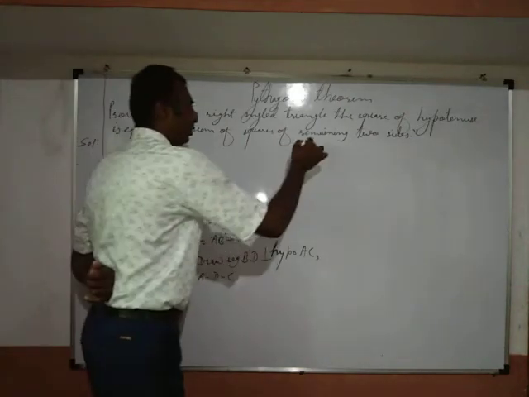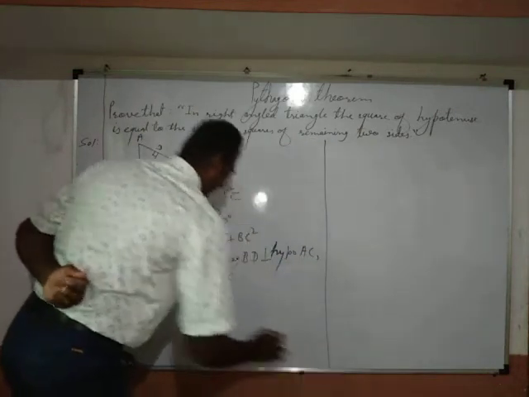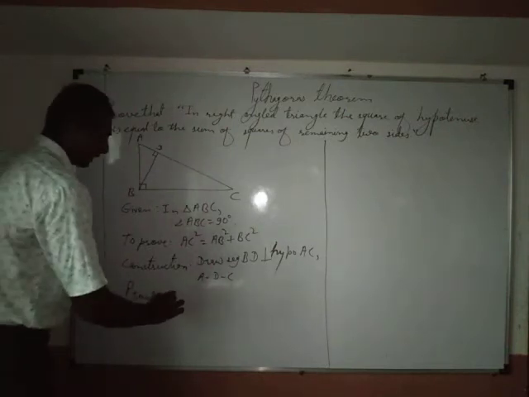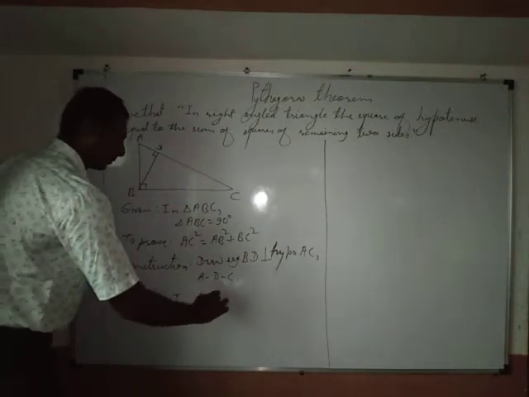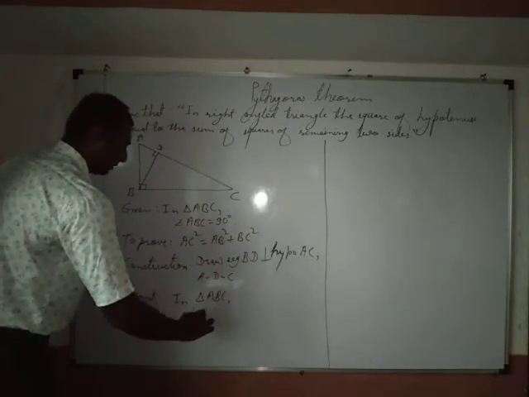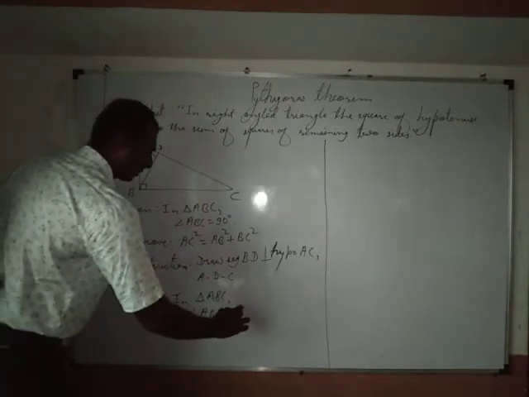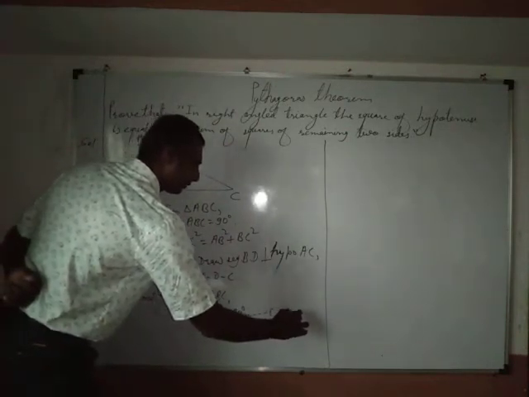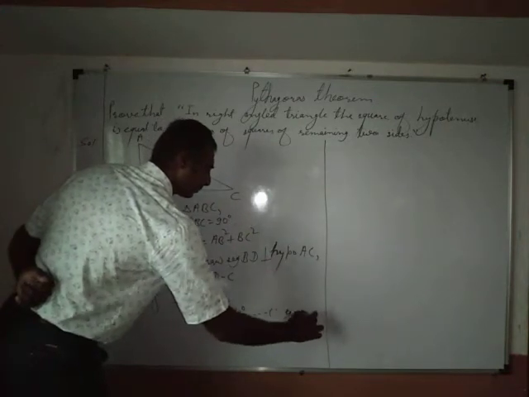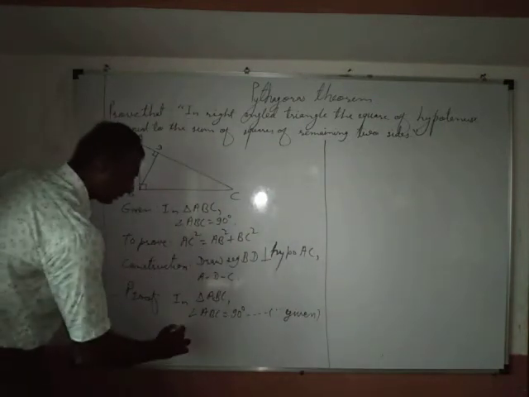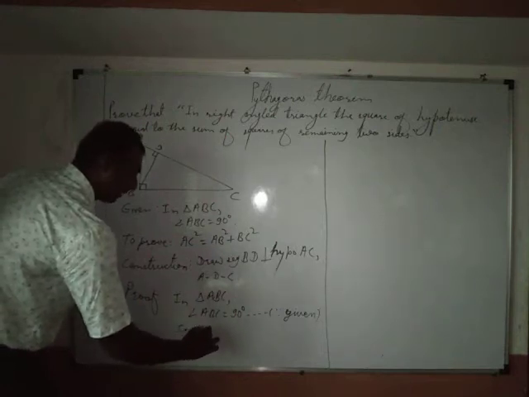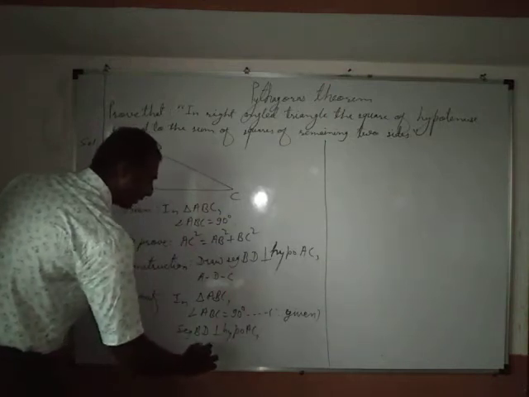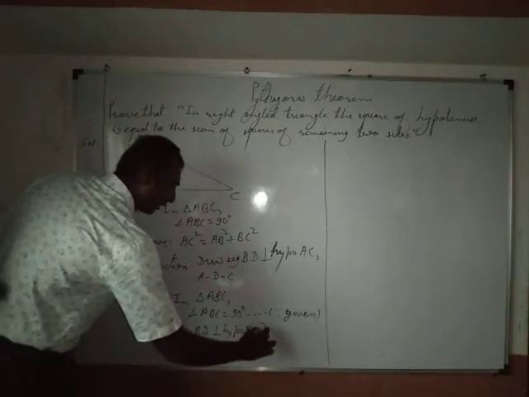Okay. Now let's start the proof. In triangle ABC, angle ABC equals 90 degrees, since it is given, and seg BD is perpendicular to hypotenuse AC, A-D-C.